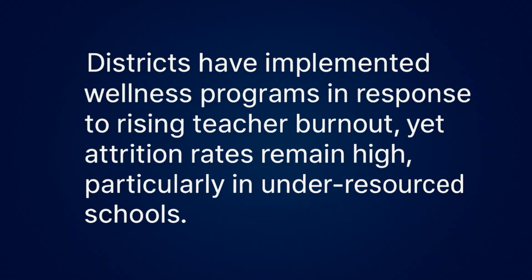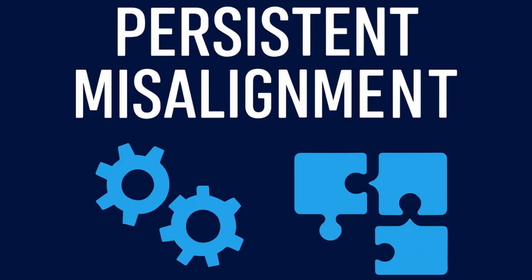For instance, you might begin with a sentence like, "Teachers are burned out after the pandemic," and gradually refine it into a fuller claim like, "Districts have implemented wellness programs in response to rising teacher burnout, yet attrition rates remain high, particularly in under-resourced schools. This persistent misalignment suggests a disconnect between systemic response and teacher needs, with consequences for staffing stability and instructional continuity."